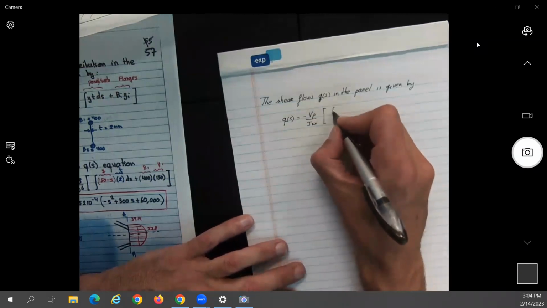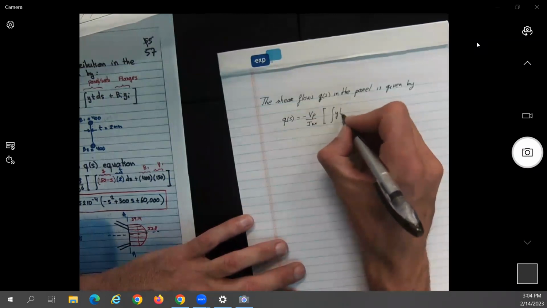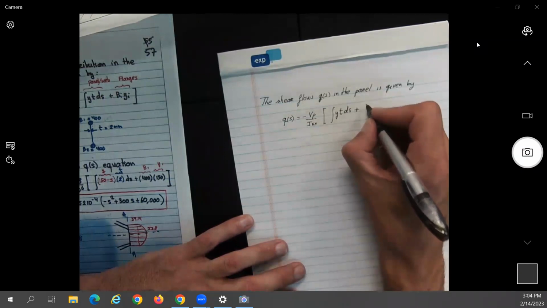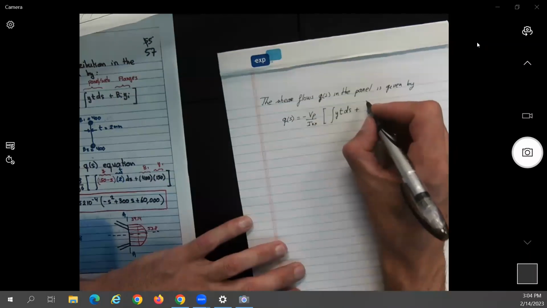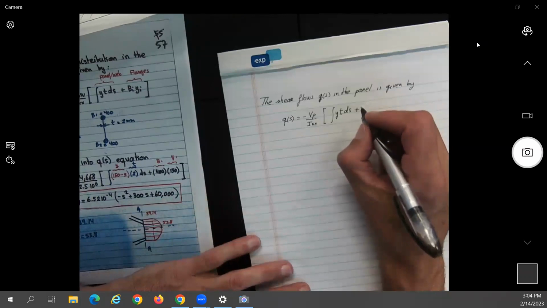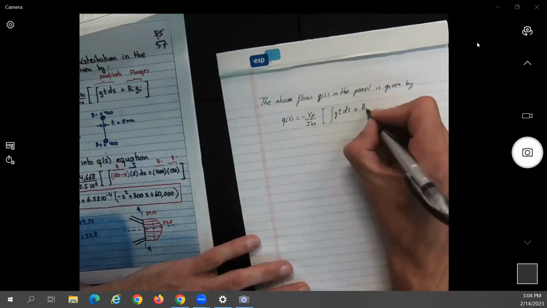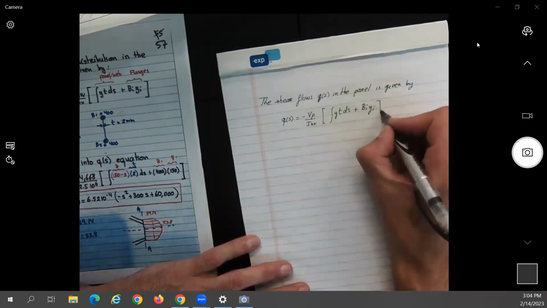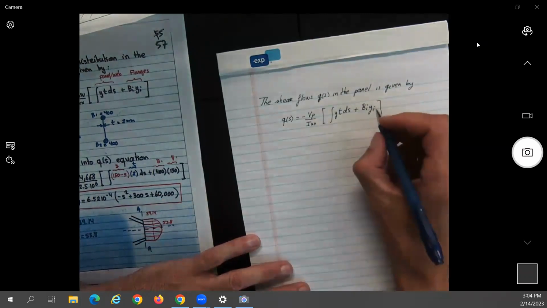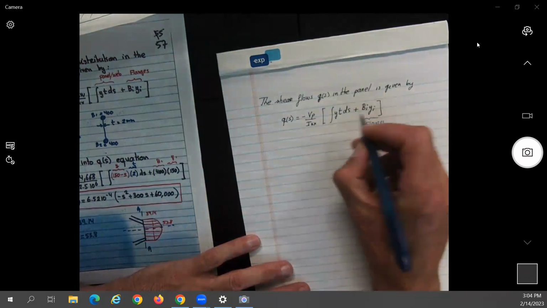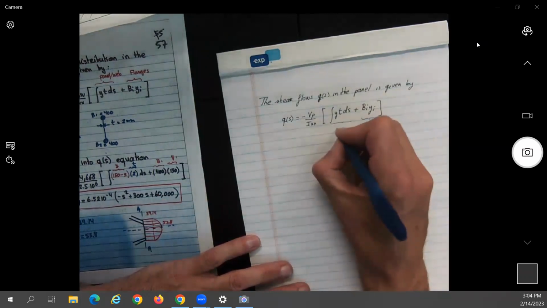But if you remember, because this time the panel is effective, we have Y TDS. I think this should be the summations, plus B sub I, Y sub I. And this will be the shear due on the flanges, this is on the panel.